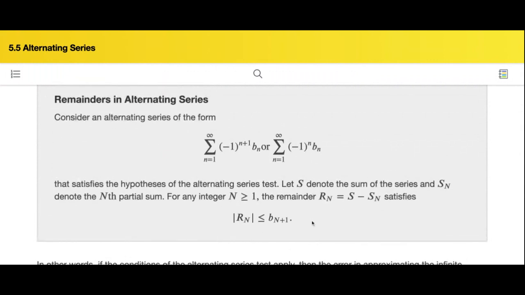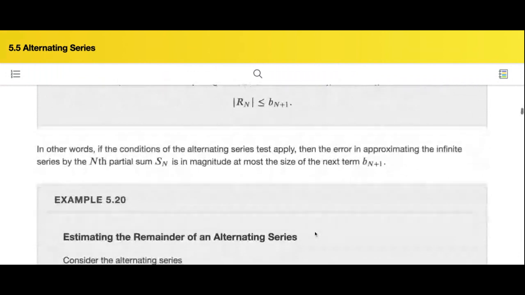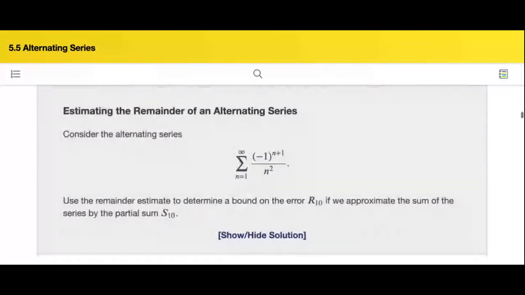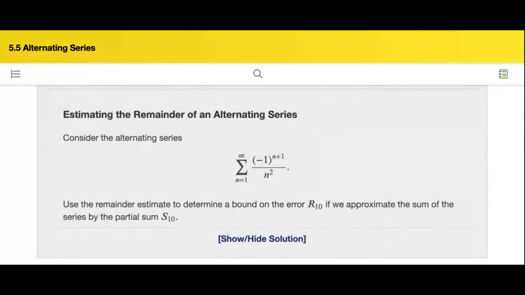Okay, this one is not too important for us. Let's use that to see this one. So we have the alternating p series with p equal to 2. Use the remainder estimate to determine a bound on the error R10 if we approximate the sum of the series by the partial sum S10.